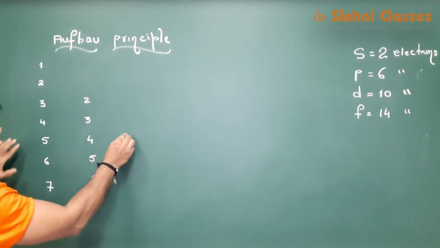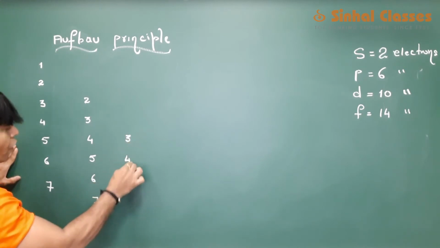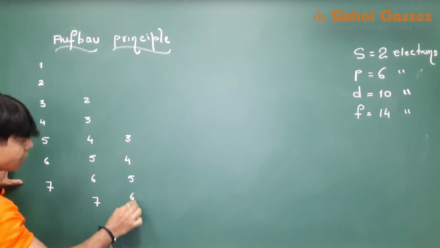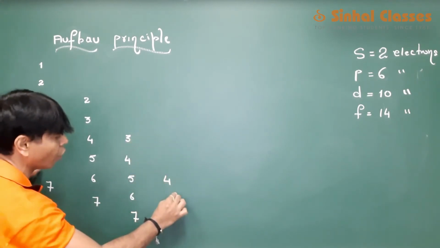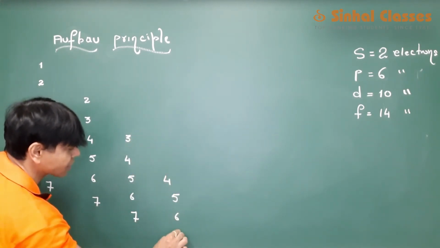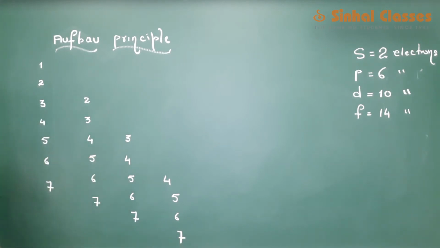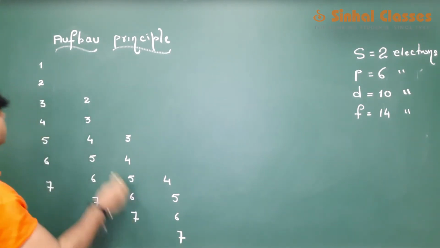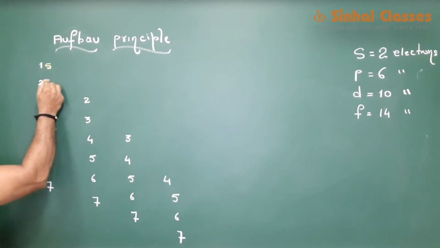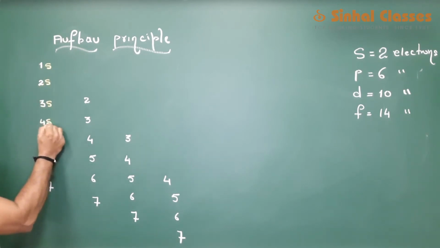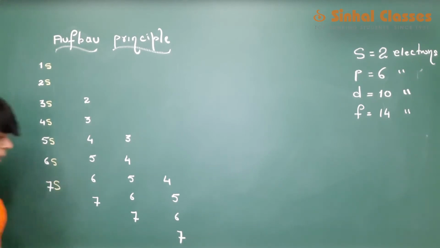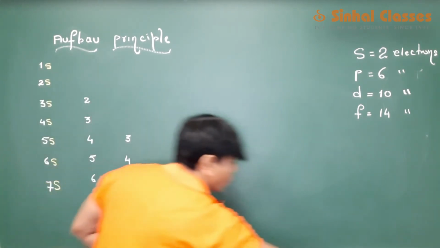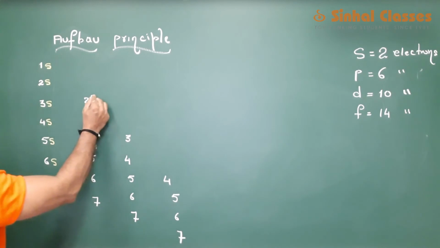Then leave these two, start with 3, 4, 5, 6, 7. Then leave these two, start with 4, 5, 6 and 7. So the first column you fill with S block elements. This is S. The first column will be S. Then the next column will be your P.